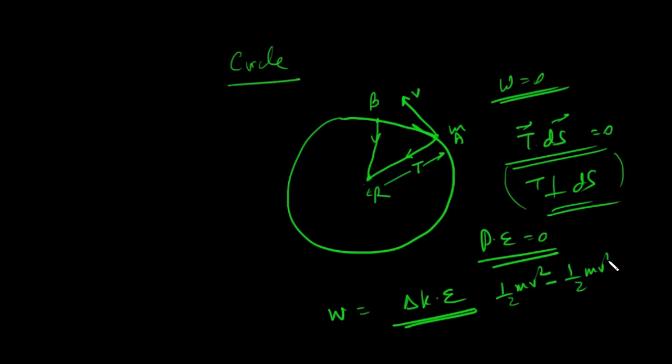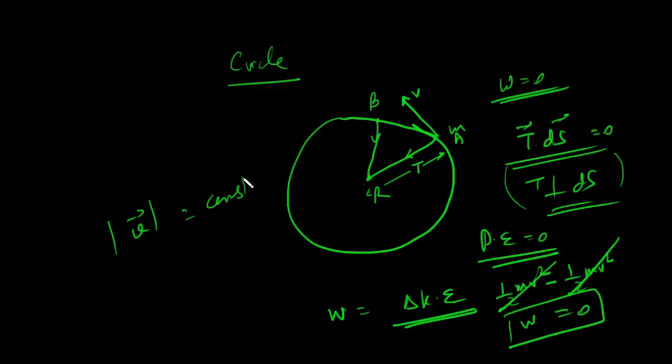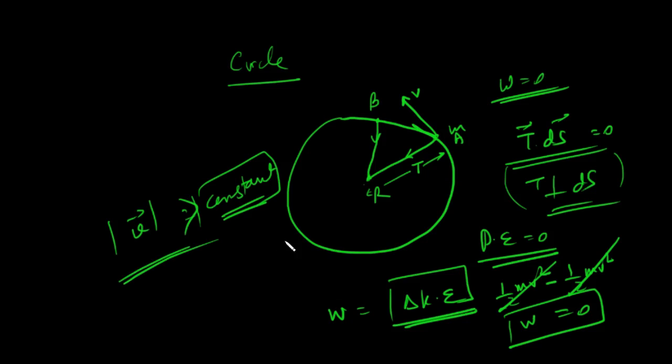It is also half mv square. So this gets cancelled out, and work done is 0, as the particle is moving with a constant velocity. The magnitude of velocity is constant. Kinetic energy does not depend on direction; it does not matter where the velocity vector is going, only its magnitude matters, and this is constant, so the work done is 0.